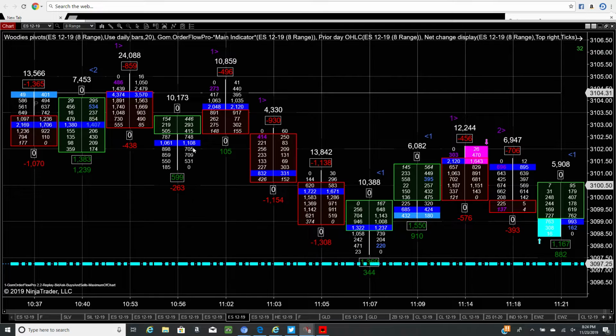Okay, I told you that point of control is the most important thing within each one of these candles. The 2 other most important things are right here. And these numbers that are in the boxes, like this 599 and this negative 496 and this negative 930, and this positive 1300.